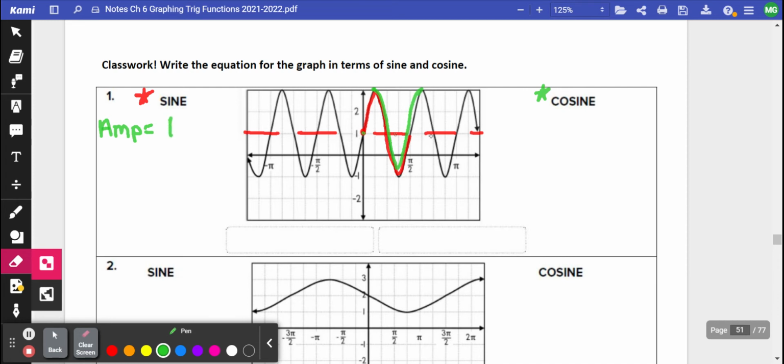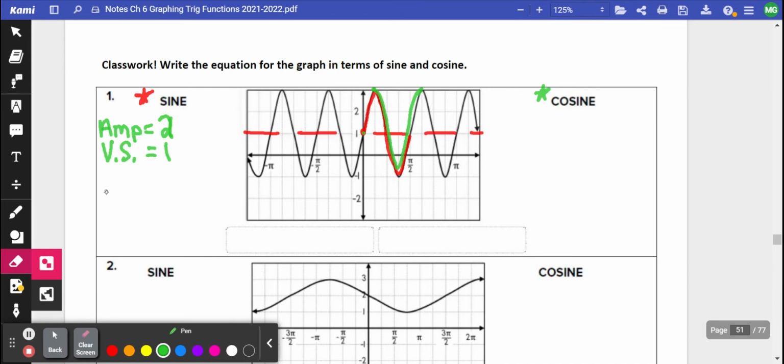And again, you could have just looked at this, right? The amplitude, I'm sorry, I was doing phase shift. All right, let's pretend that didn't happen. The amplitude is 2 units because it's 2 units above our vertical shift, which is 1. Okay, sorry about that.